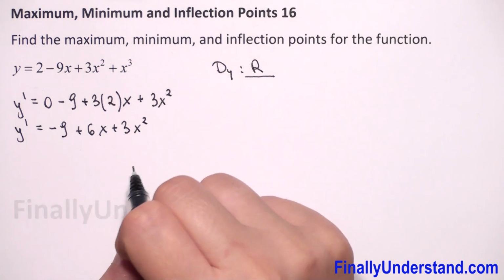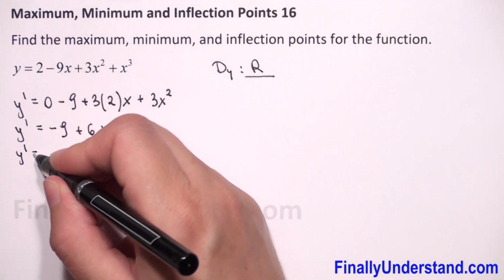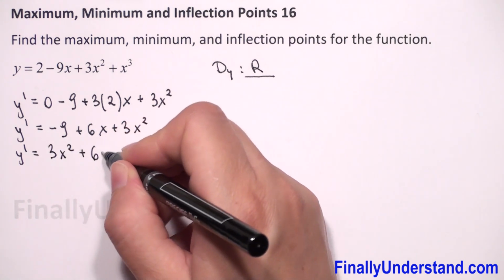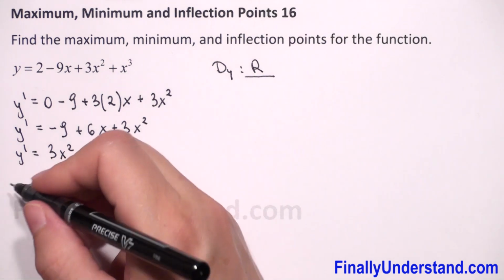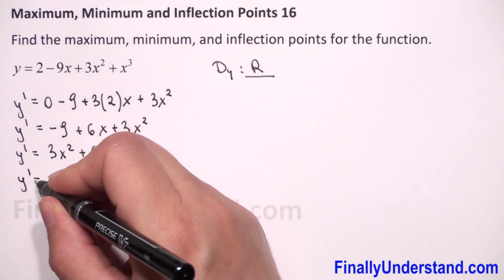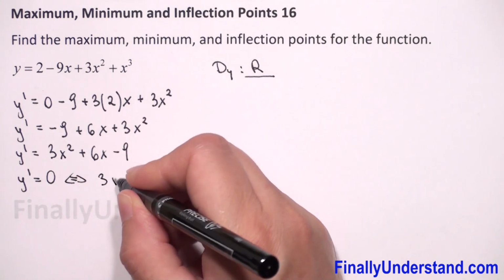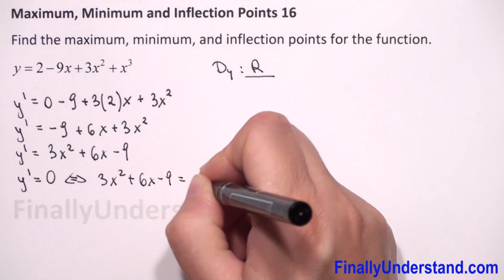We can rewrite this starting from the highest power. So y prime is equal to 3x squared plus 6x minus 9. When we have the first derivative, to find critical points, we need to find when our first derivative is equal to 0, if and only if 3x squared plus 6x minus 9 is equal to 0.